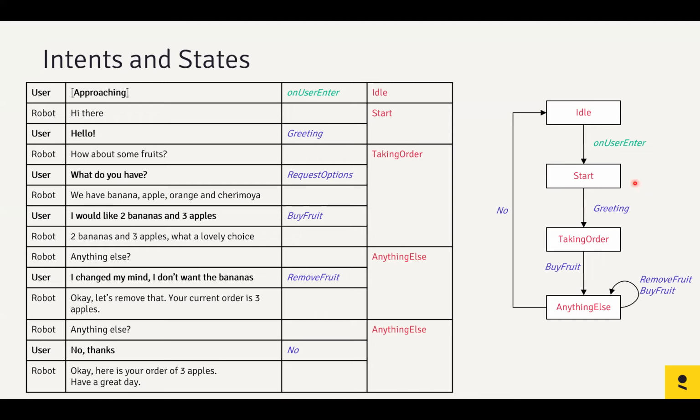So often it's something that the user says, but it could be, for example, something like this. We are in the idle state and the user enters, which means that the user stands in front of the robot, and that makes us transition to this start state.